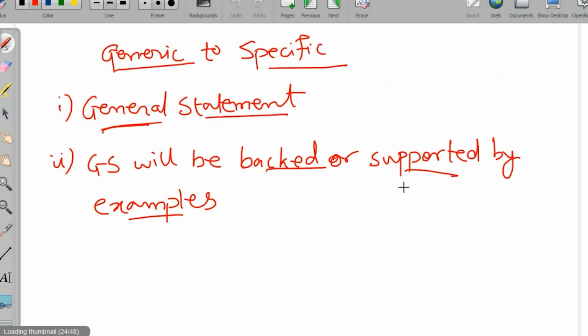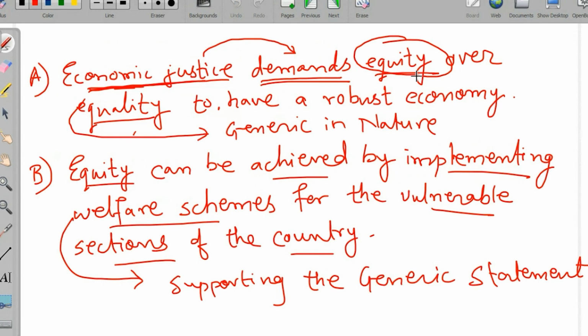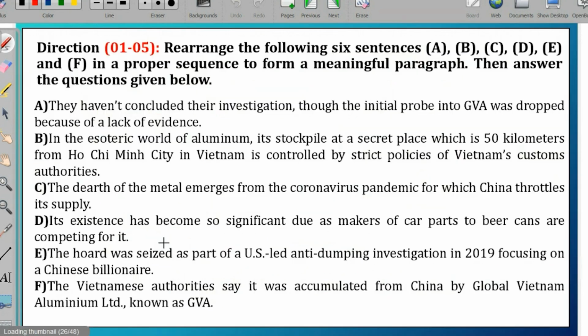The next type is where a general statement has been presented to you, and this general statement is backed or supported by examples, which we have seen in this statement: economic justice demands equity over equality to have a robust economy. This is a generic statement. And equity can be achieved is an example. How was the example given? Start welfare schemes. Is that clear? I hope it is clear with all of you.